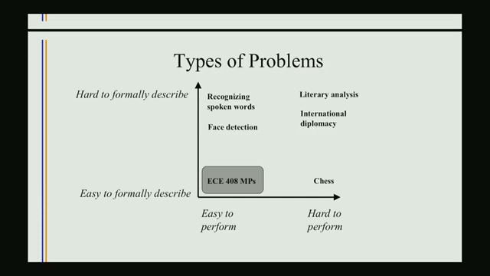So the point I wanted to make here, and by the way, there are some things that are just hard to perform and hard to describe, like international diplomacy, or public policy, or literary analysis, or strategy, right?